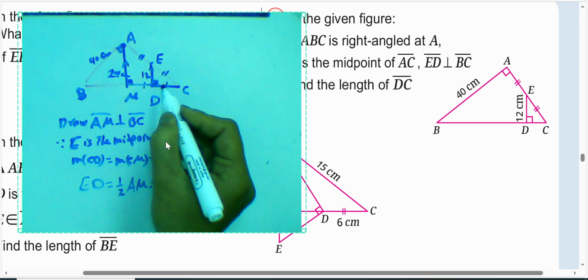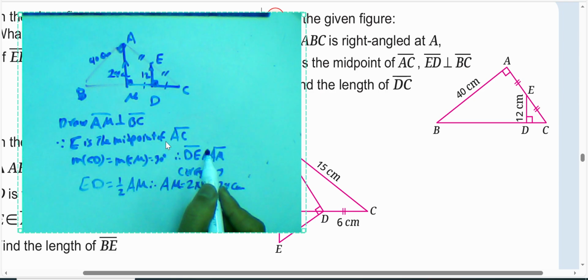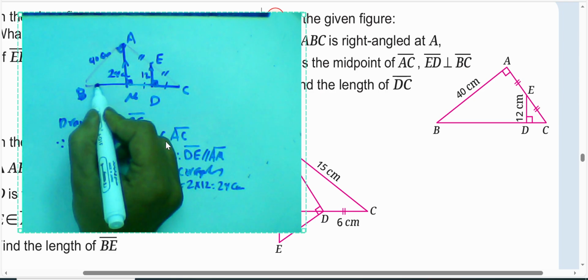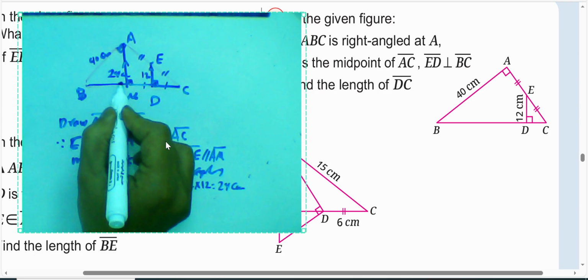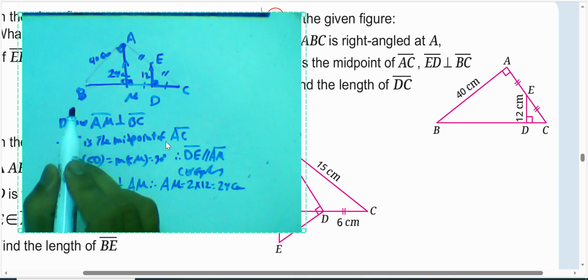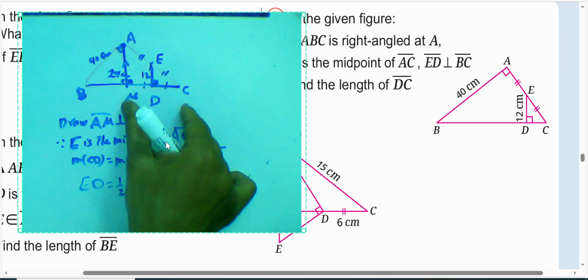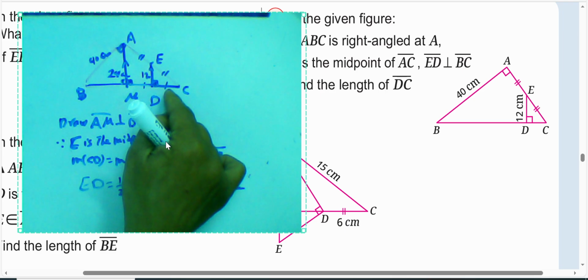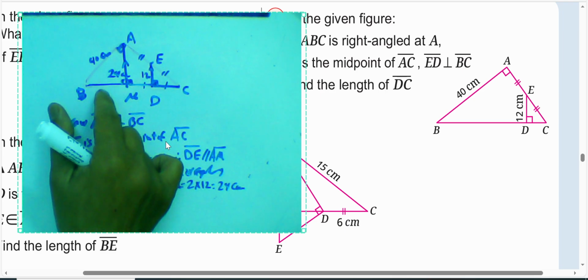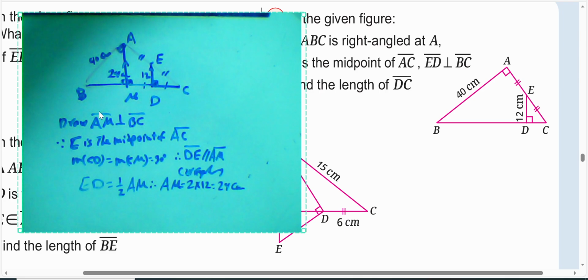I want to find DC. How can we find DC? We can find the length of BM from the Pythagoras theorem about the right angle triangle here. And then we can find the length of MC and then divide by 2 to find the length here. Okay, first step, we can find BM. Who can tell me?